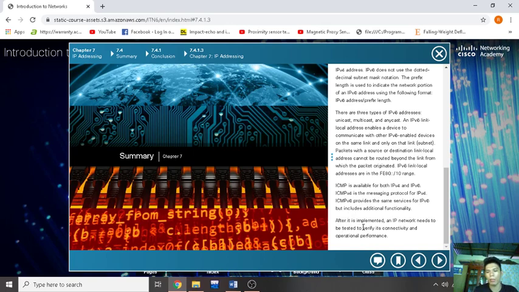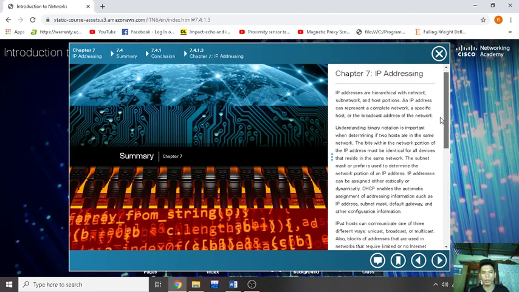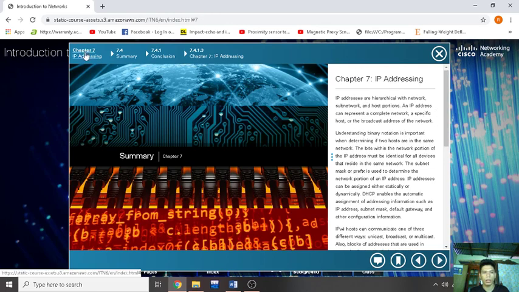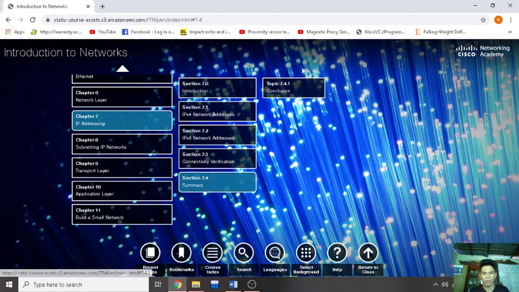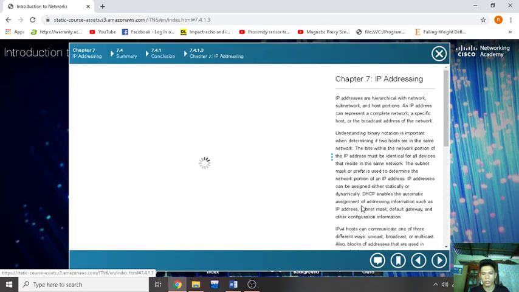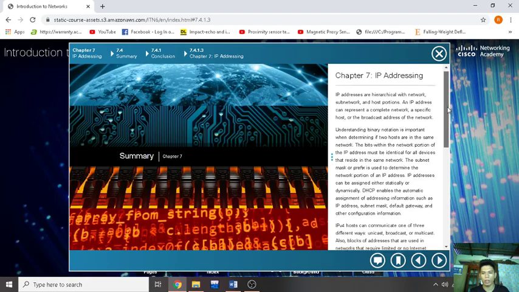After this is implemented, the IP network needs to be tested to verify connectivity and operational performance. So this is all about chapter 7, IP addressing. That's all. Thank you.